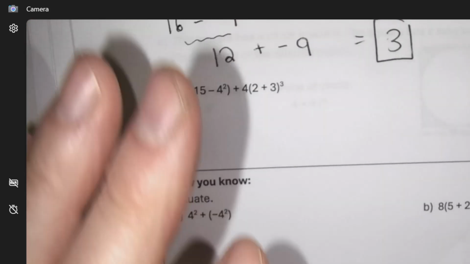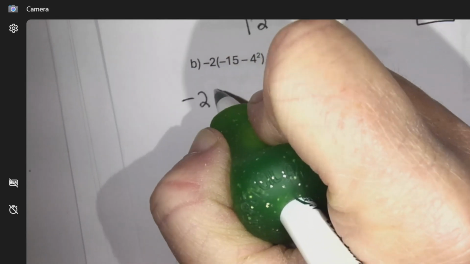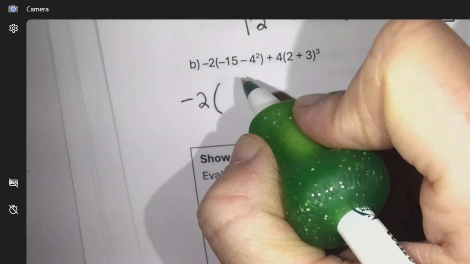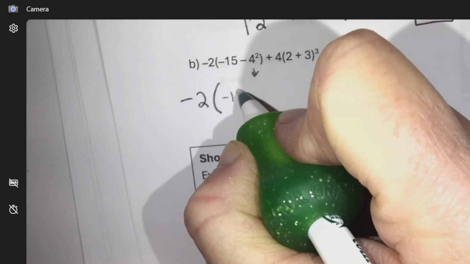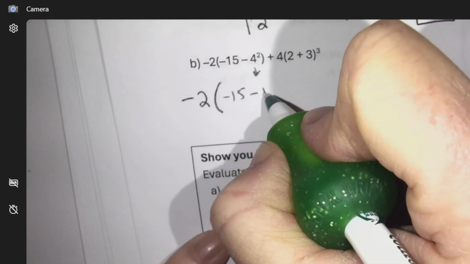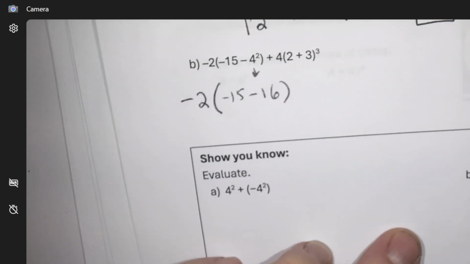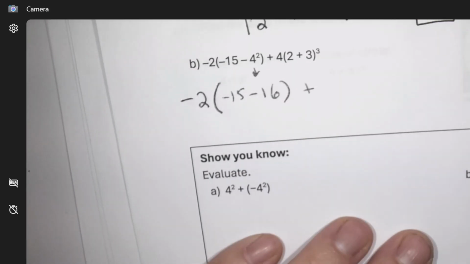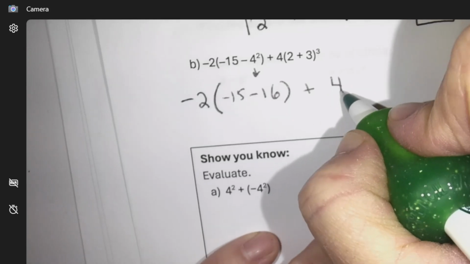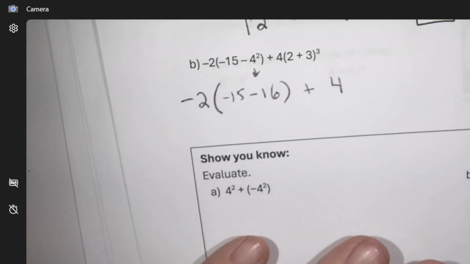Okay, question B. Negative 2 times, let's work this exponent first. So minus 16, subtract 16, plus 4 times, oh, this is funky.